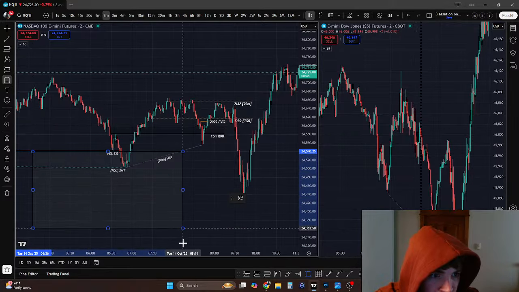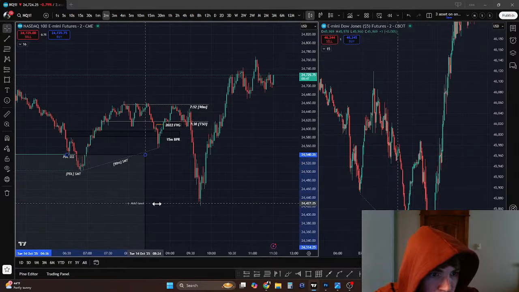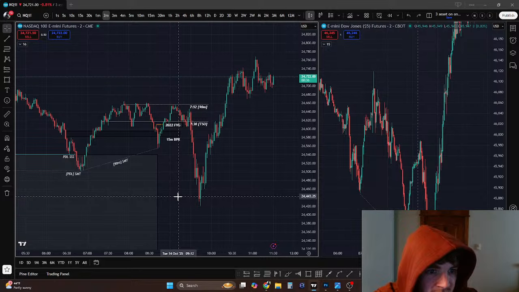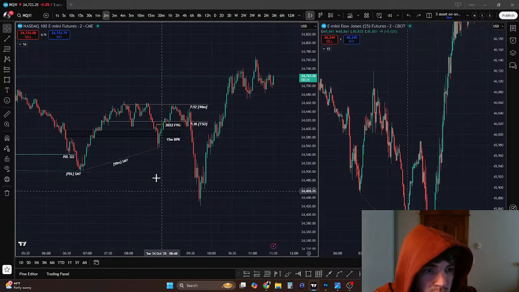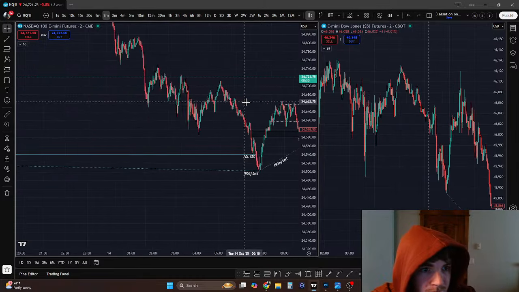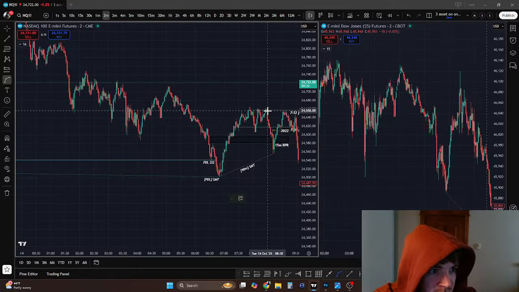So then all this is the new week opening gap. Oh, it looks ugly. And then all this could have been low resistance, but it wasn't.